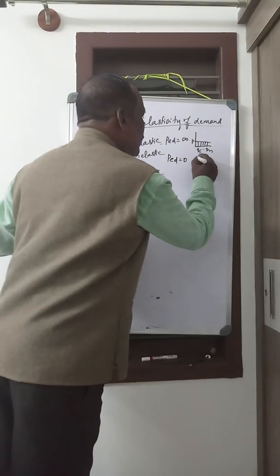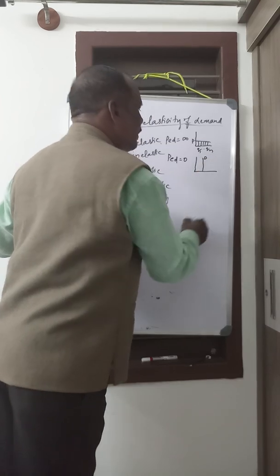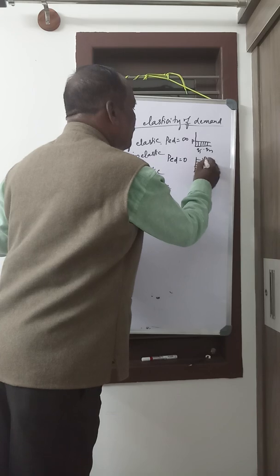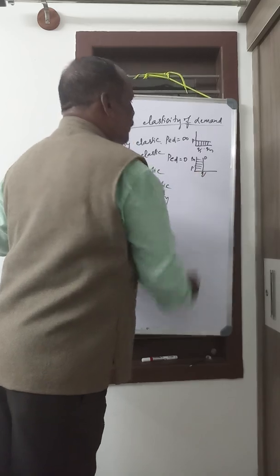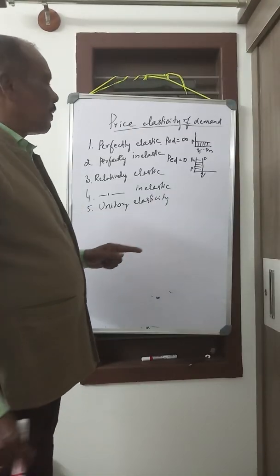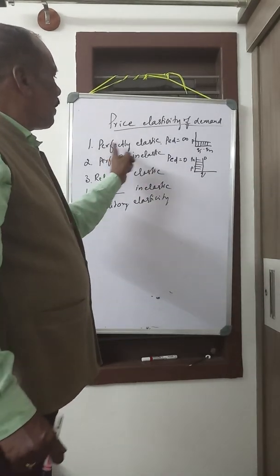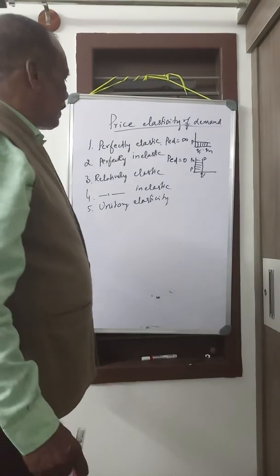Say this is the demand curve, and whatever may be the change in price, so Pn, demand remains the same. So in perfectly inelasticity of demand, the demand curve is vertical. In perfectly elasticity of demand, the demand curve is horizontal.